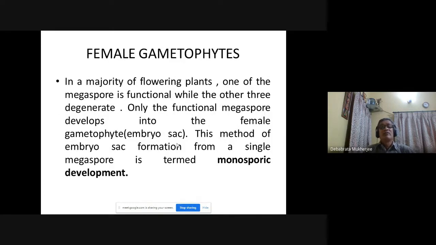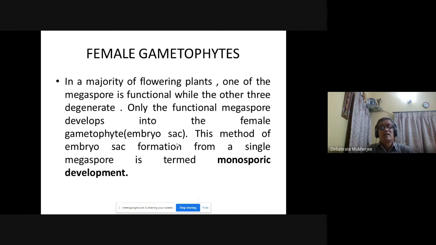So female gametophytes are formed in a majority of flowering plants. One of the megaspores is functional, the other three degenerate. Only the functional megaspore develops into the female gametophyte, the embryo sac.